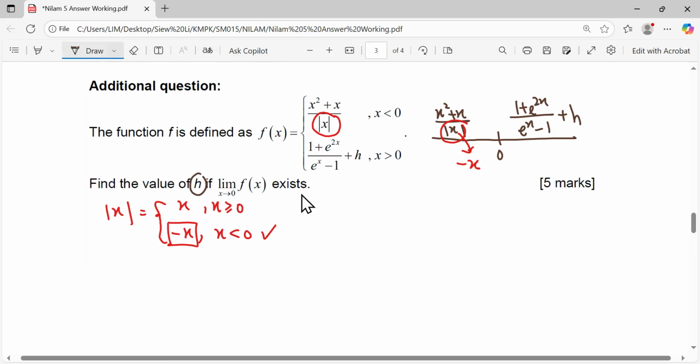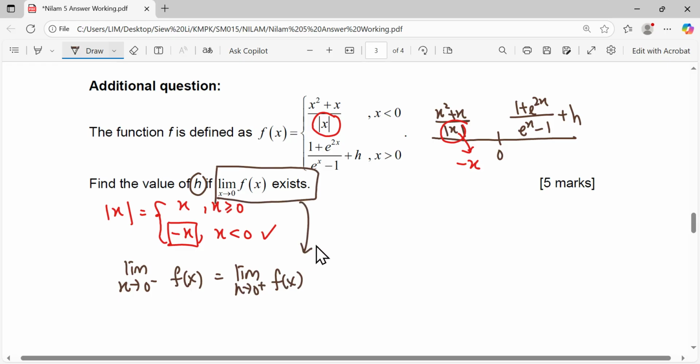We say the limit of the function exists. The limit of the function existing means the limit when x approaches 0 from the left-hand side will be equal to the limit when x approaches 0 from the right-hand side, so that this indicates that the limit exists.